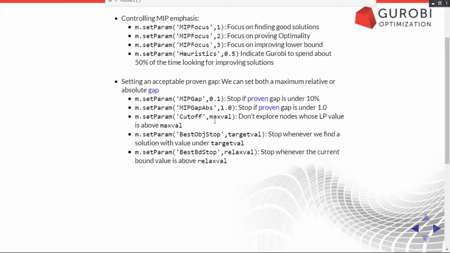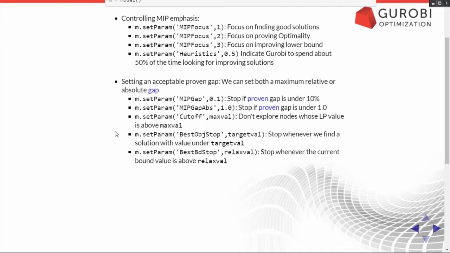But you have to use that with a lot of care. Actually, whenever you have a feasible solution, that solution induces a cutoff value. So if you don't have a solution yet and you set a cutoff value that is too low, you may be hurting yourself in getting the first solution. And actually, getting a first solution is very important. I'm going to talk about that in a bit more.